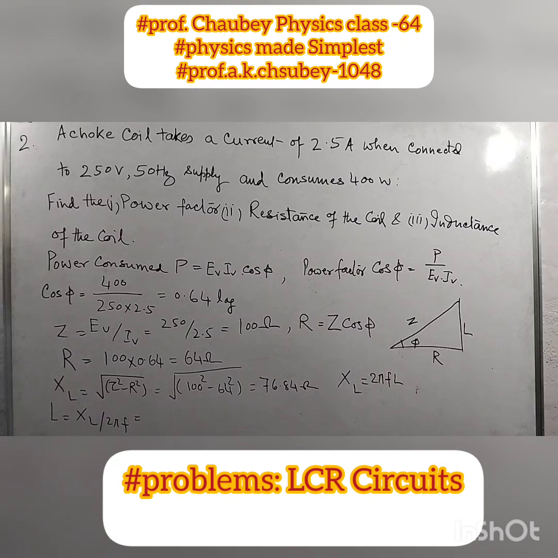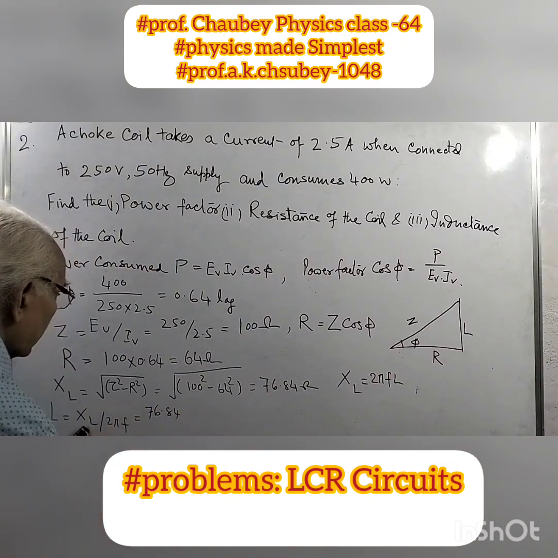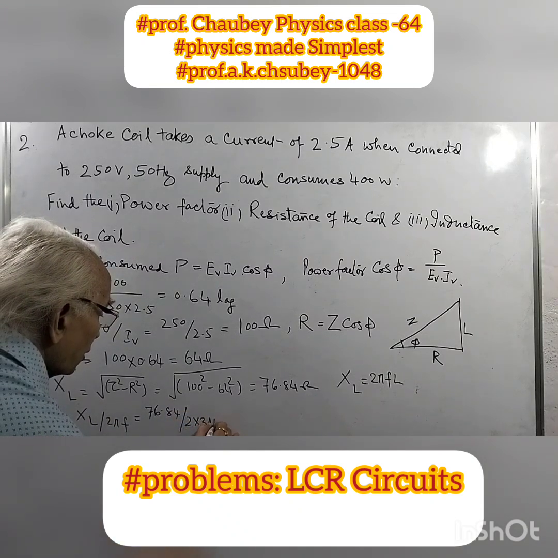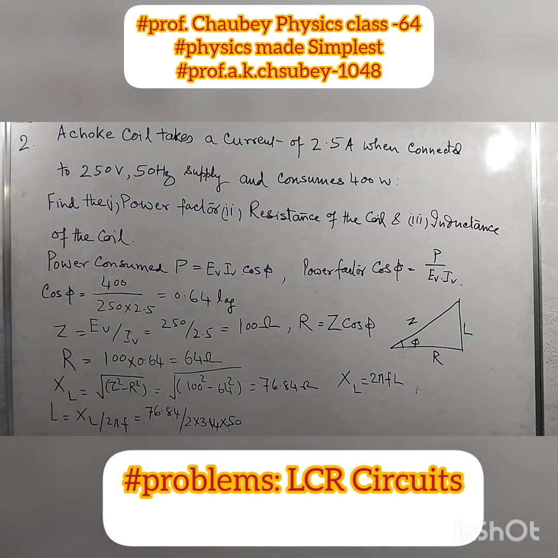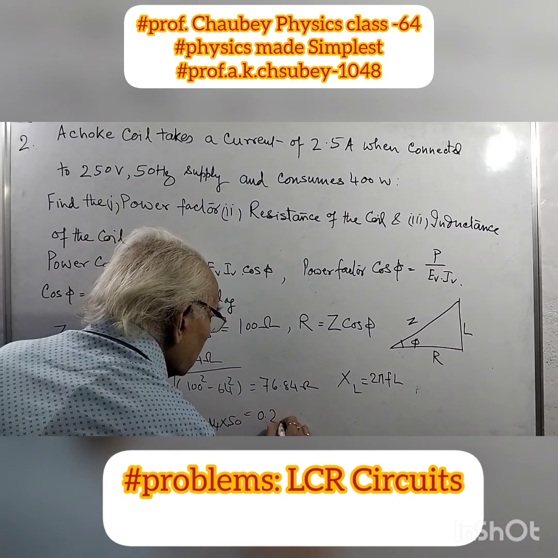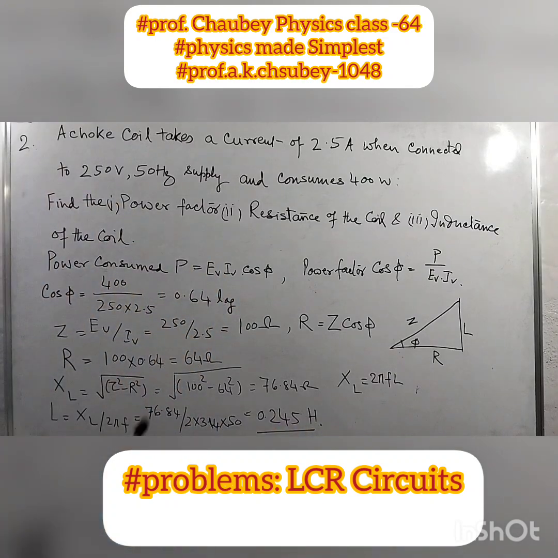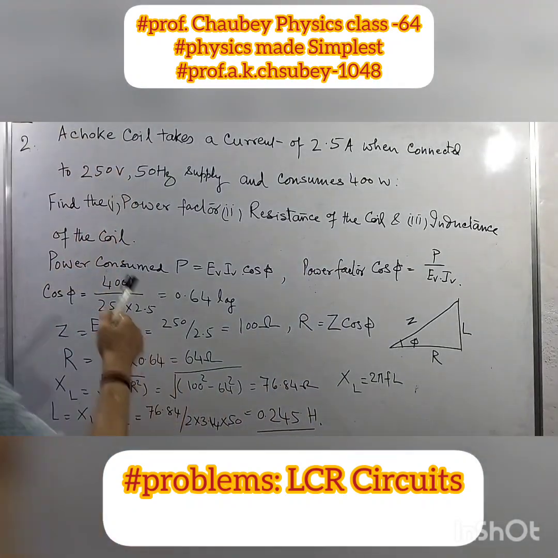So this will be 76.84 over 2 into 3.14 into 50. So just you can find out. L will be 2.245 Henry. So coil inductance is known, resistance is known, power factor is known.